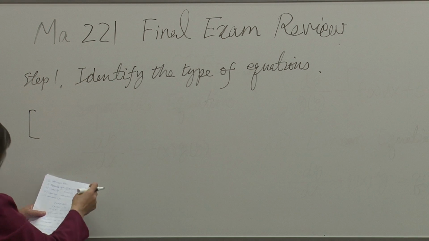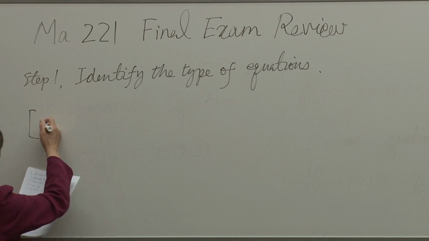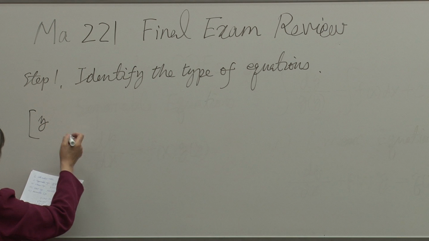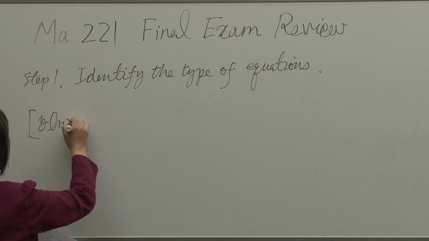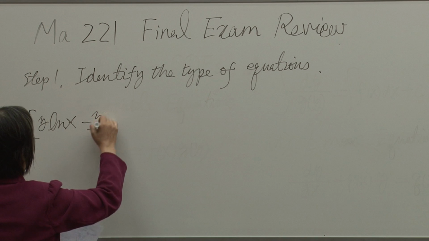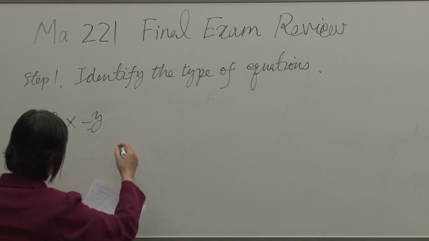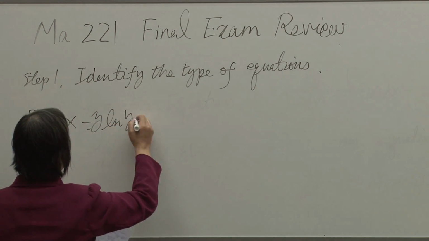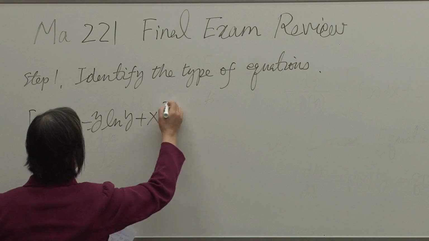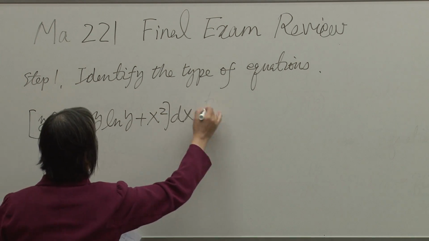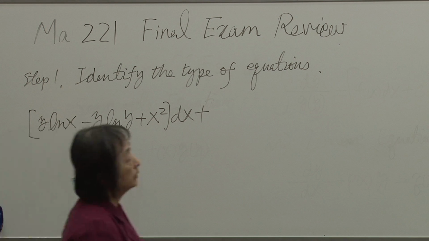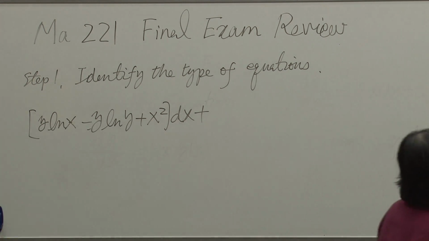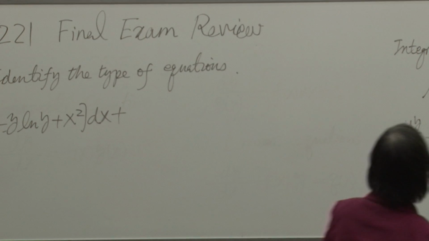So the first term is y times log x minus y times log y plus x squared dx. And then we bring the term on the right-hand side to the left-hand side.